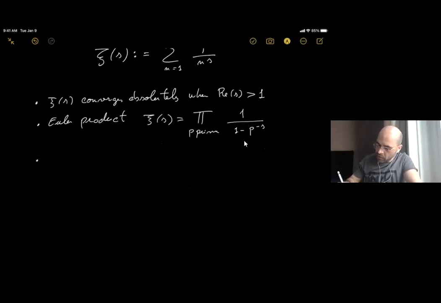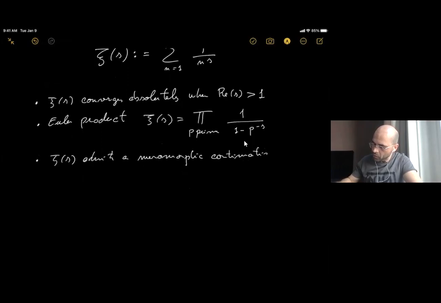Then Riemann also proved that this zeta function actually admits a meromorphic continuation to C, to the entire complex plane, and it actually has a pole which is simple at s equal 1.